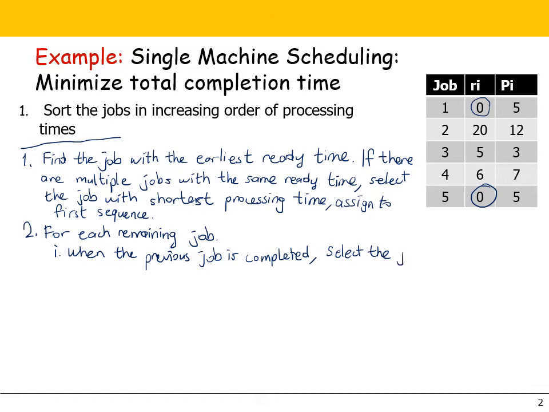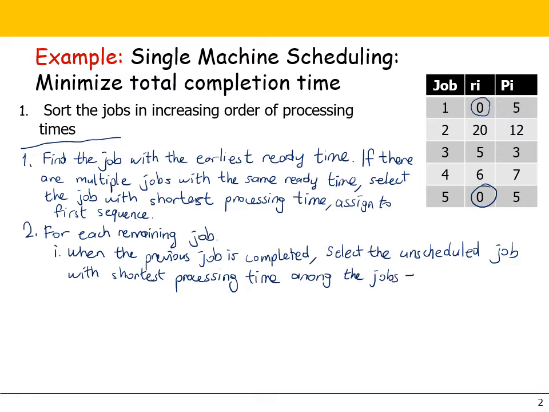Or let me write it like this: select the unscheduled job with the shortest processing time among the jobs that are ready.